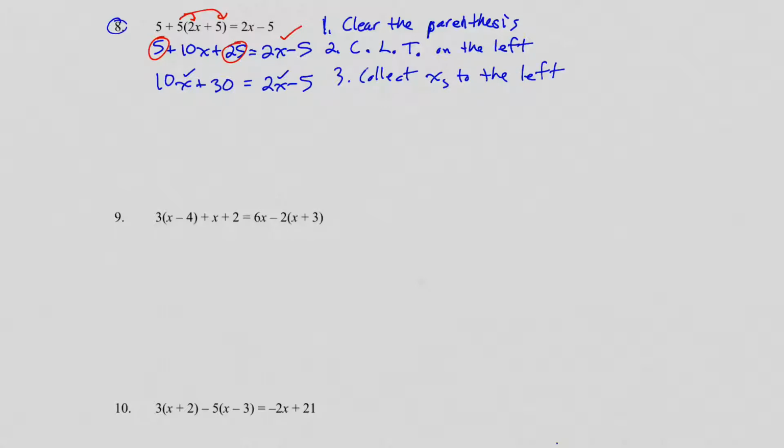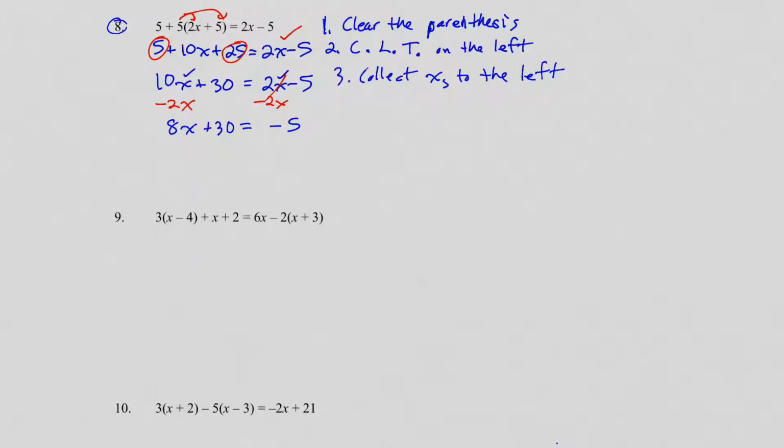Okay, because 2 is smaller, and if I subtract it here, it goes away. If I subtract it here, I get a positive x, and I don't want to get a negative x. So this is going to be 8x plus 30, bring down everything, and here's our negative 5, who's still left on the right side. And now this is back to like number 2 that we did.